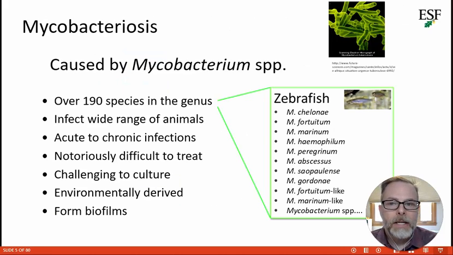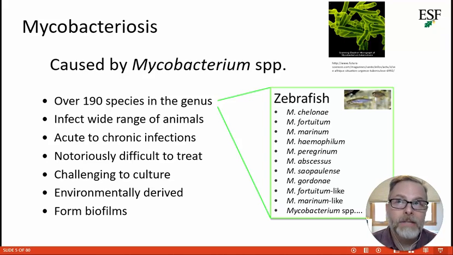So mycobacteria in general, you might be familiar with because Mycobacterium tuberculosis and Mycobacterium leprae are important human pathogens. But these are common pathogens in other animal systems as well. There are over 190 species in the genus.